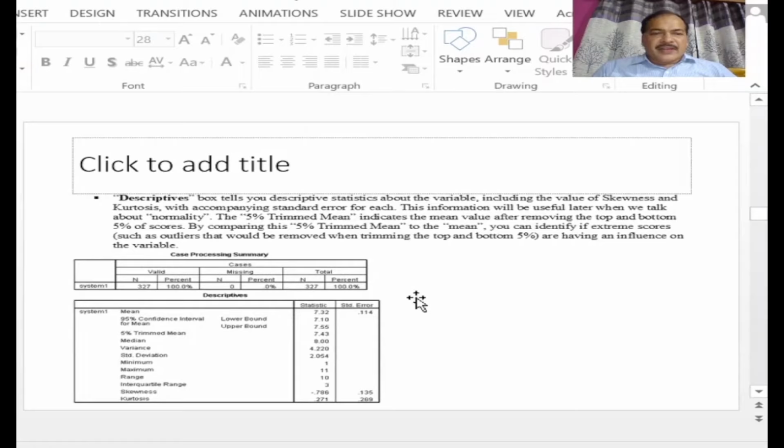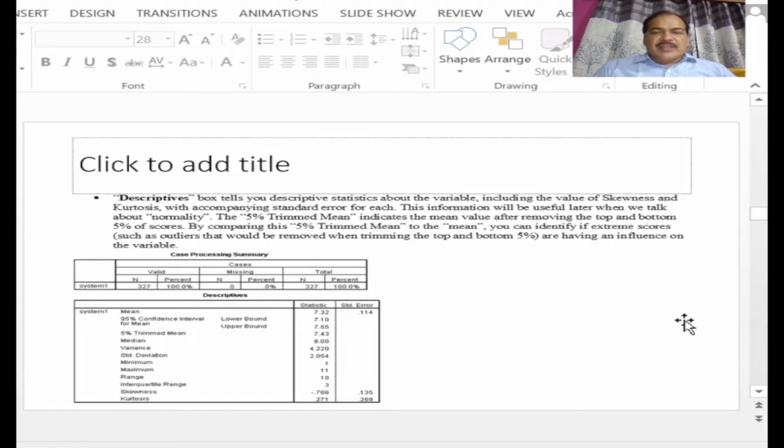Here we have an example of the outlier analysis. Outlier analysis is basically about how we can identify the extreme scores.